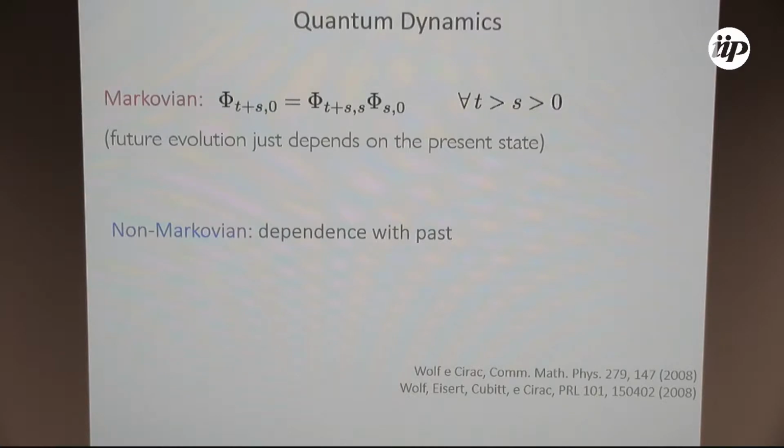I don't need to know what was the state at time 0. So again, the same idea that the future evolution just depends on the present state. But if I don't satisfy the divisibility property, then I say that my dynamics is non-Markovian. So I really need to know what was the state at time 0 to tell something about what will be the state at time t plus s.